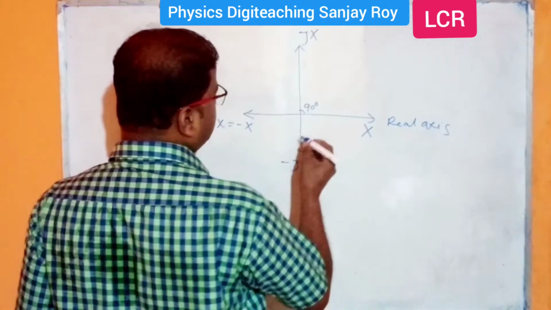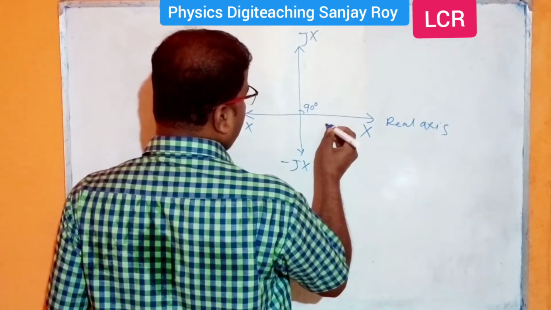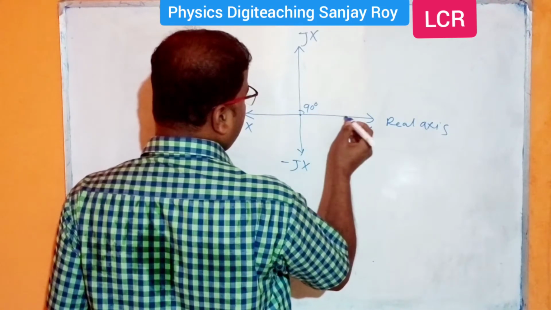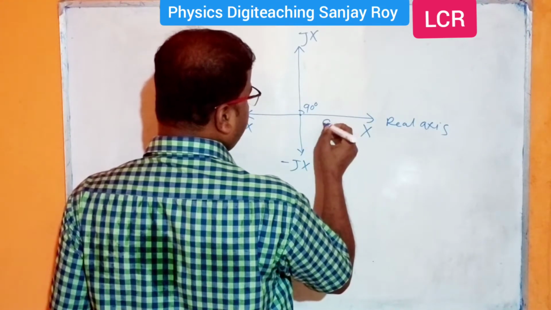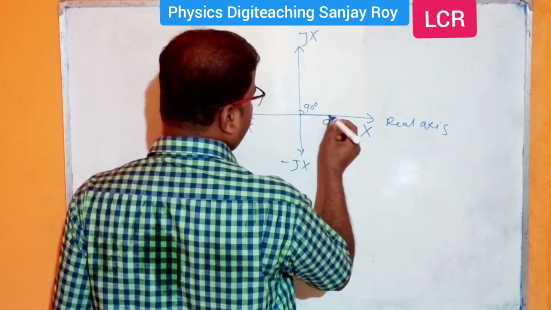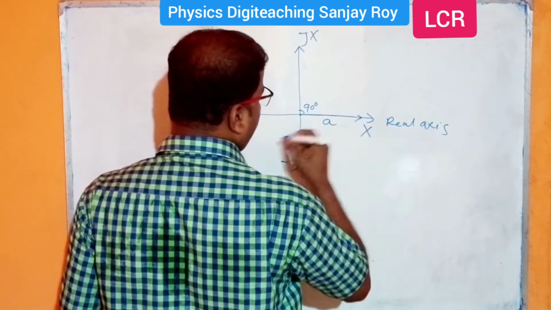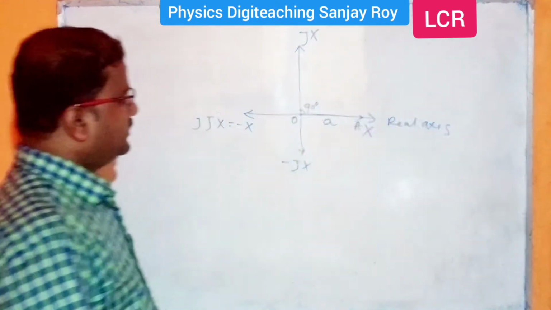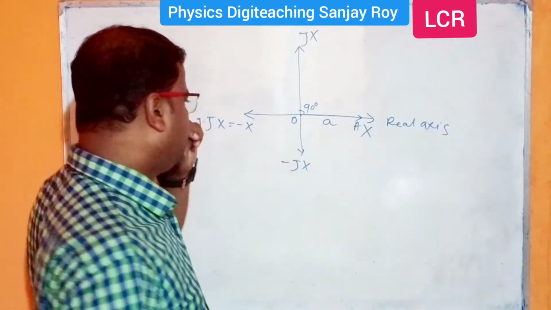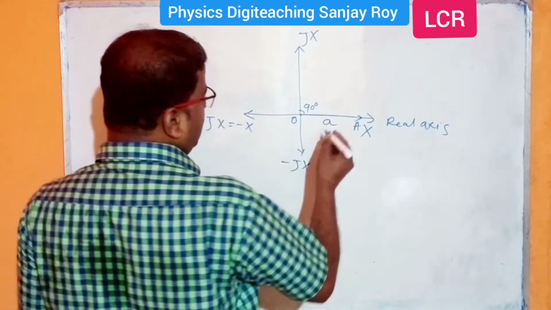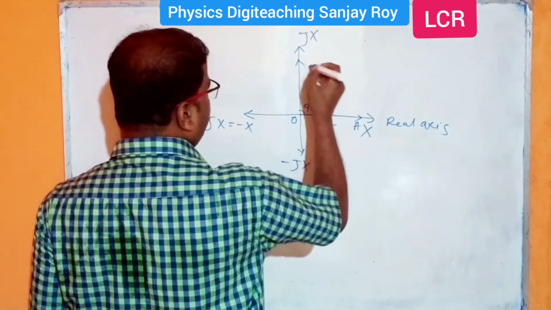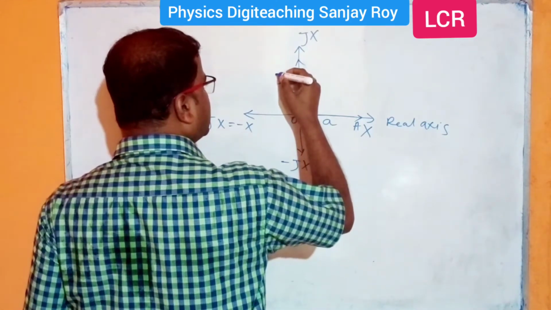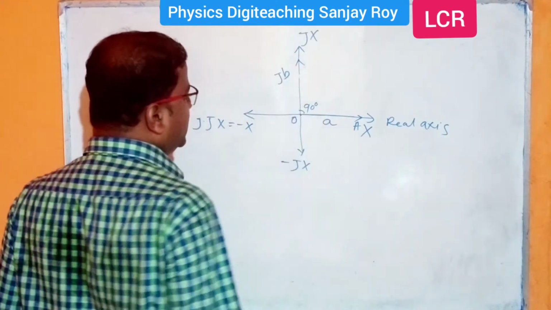Here we see this is a vector OA, the magnitude is A, and the another vector of magnitude B is given by jB.